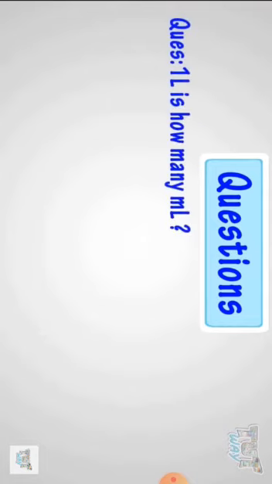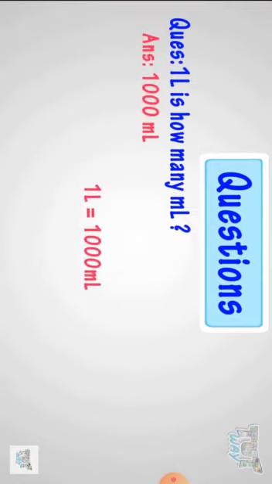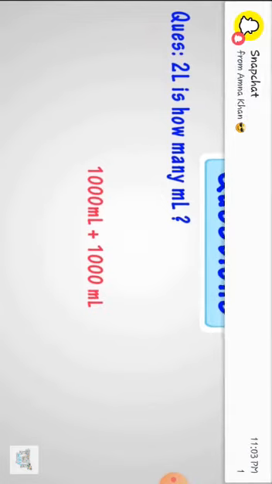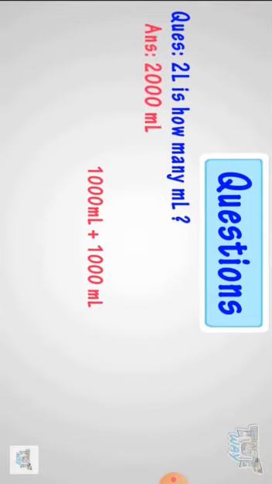Now, let's move on to some questions. 1 liter is how many milliliters? It is 1,000 milliliters. 2 liters is how many milliliters? 1,000 milliliters plus 1,000 milliliters equals 2,000 milliliters. 3 liters is how many milliliters?